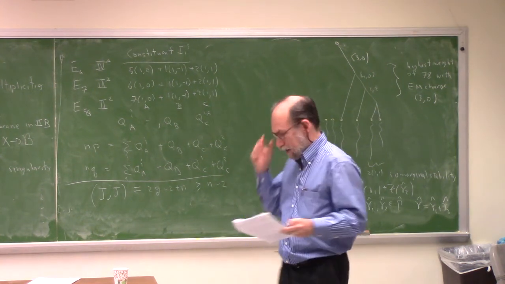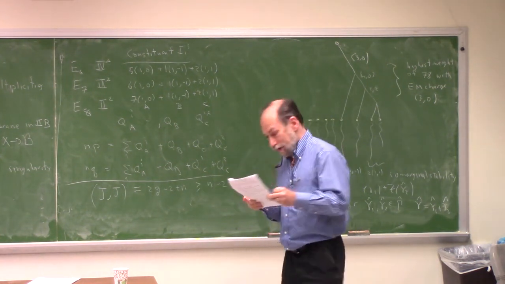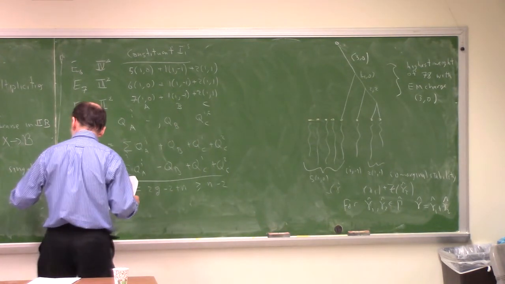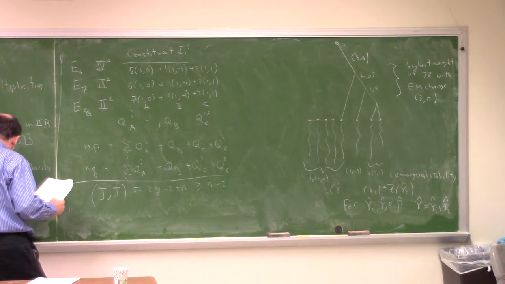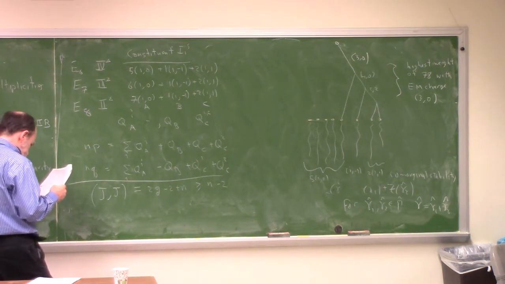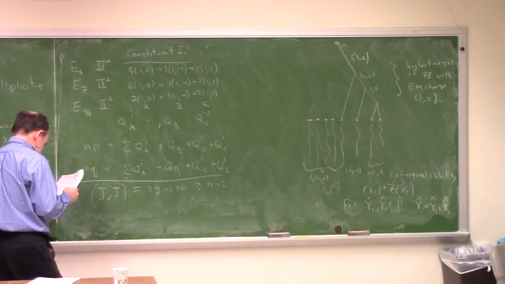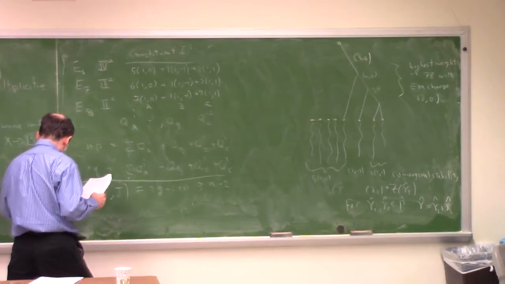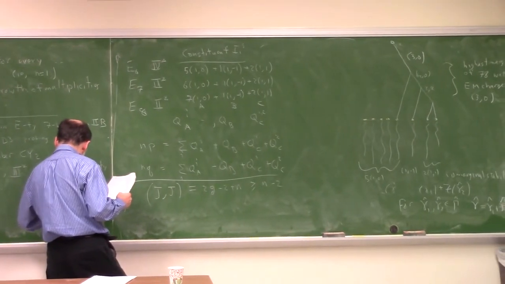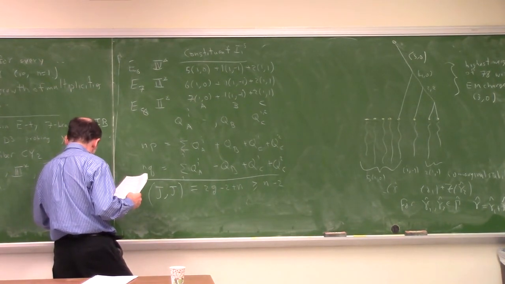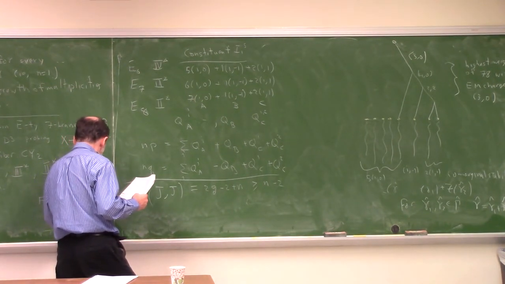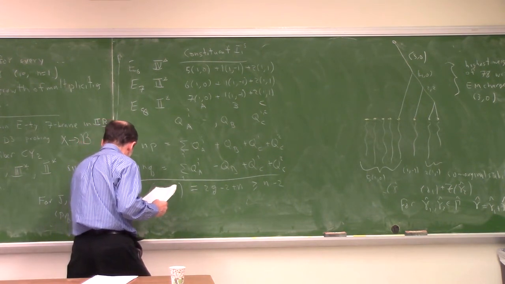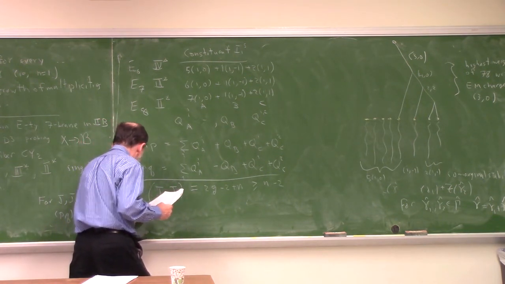So let me tell you what the other condition is. It's an obvious one. For J and J prime, in the same (p,q) sector, but different n.